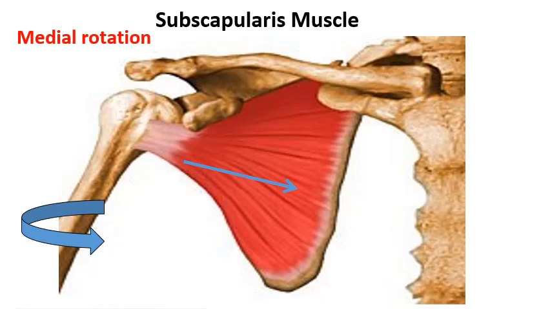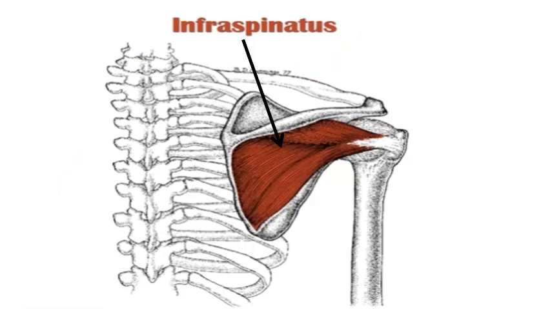Some of the muscles which make medial rotation include the subscapularis muscle. As you see, if the subscapularis contracts, it will pull on the humerus and cause its inward or medial rotation. In addition, it can pull the humerus to the side of the trunk, so it can also cause adduction. The infraspinatus is a muscle in the back.